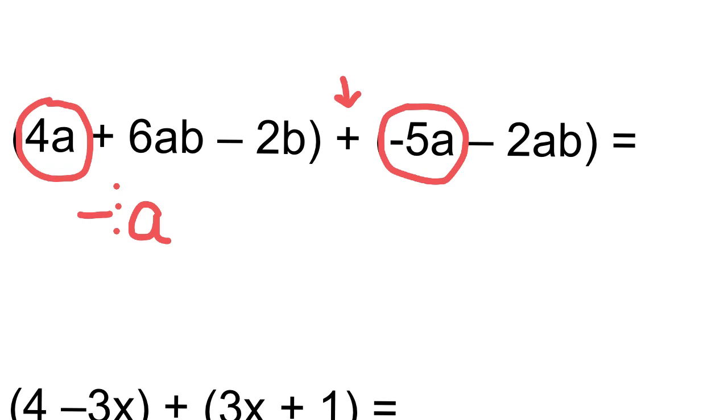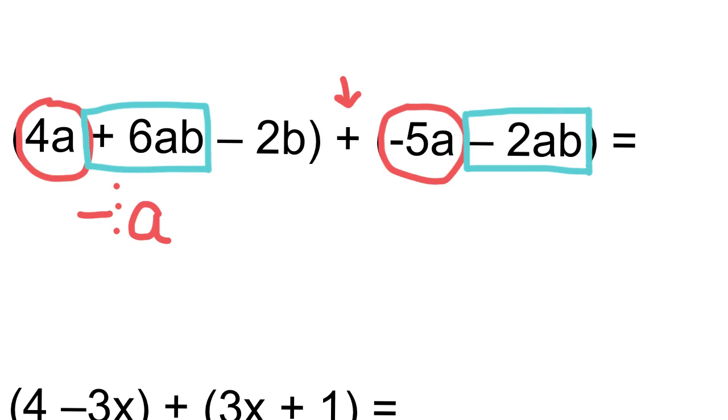Let's look for some more like terms. We have 6ab. Any like terms have to have the same exact variables, which are the letters, to the same exact exponents. So those are two like terms. The signs are different, so we subtract. 6 minus 2 is 4, and it's 4ab, and we keep the sign of the greater number, so it's plus 4ab.